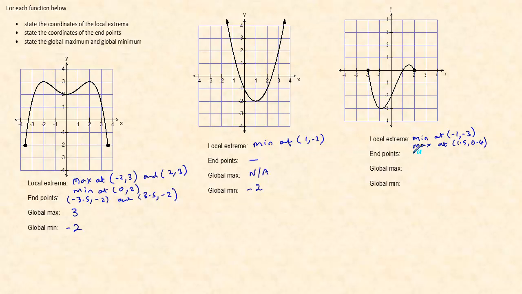So the endpoints are -2, 0 and 2, 0. Our global max is where this is, so we'll have to put it where we estimated. So 0.4 approximately. And the global min is at -3.